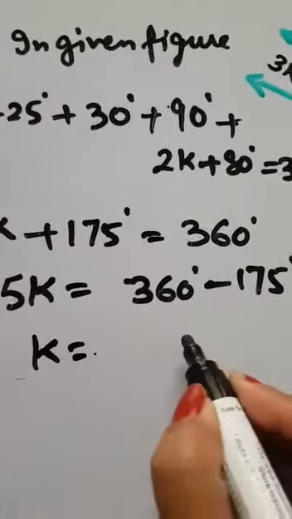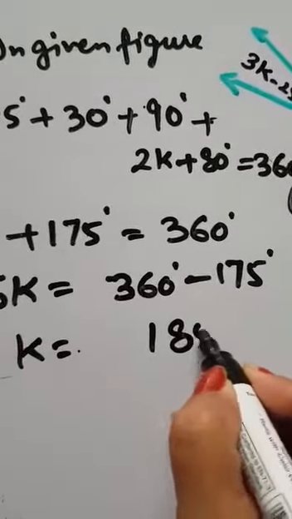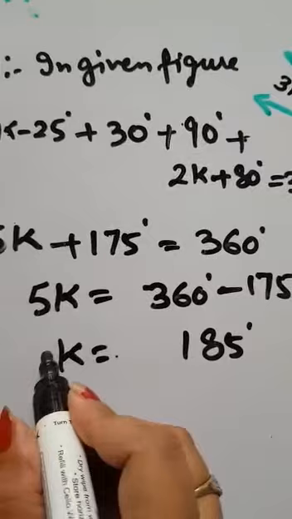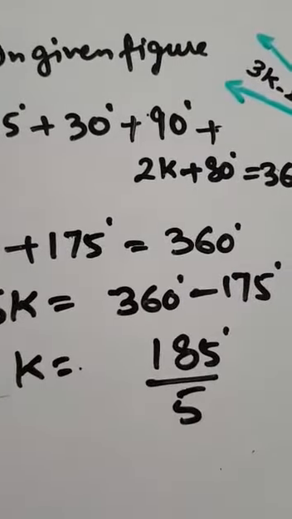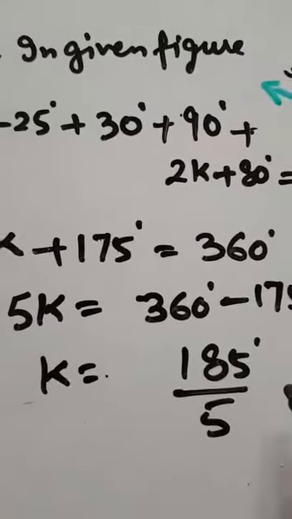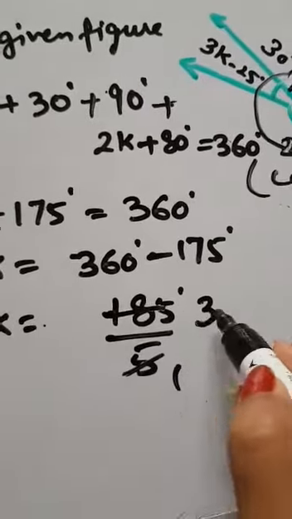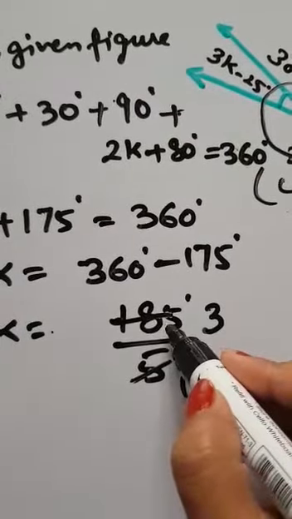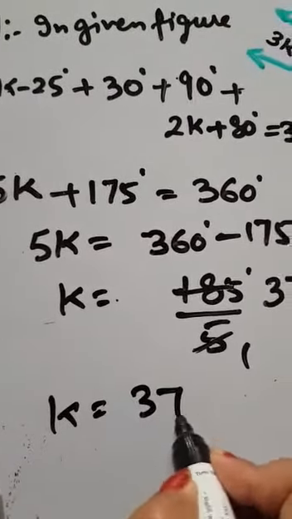So 360 minus 175 will give me 185, and this 5, which is in multiplication, will be in division in the RHS. RHS means right hand side. So 5 1s are 5, 5 3s are 15, 3 carry, 35, 5 7s are 35. So k's value will be 37.